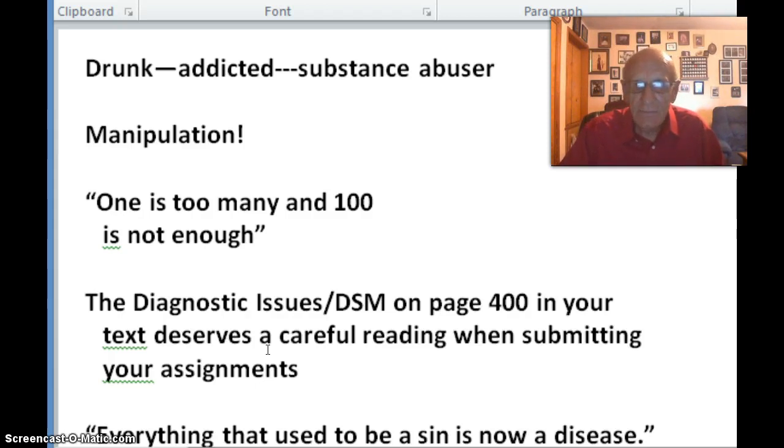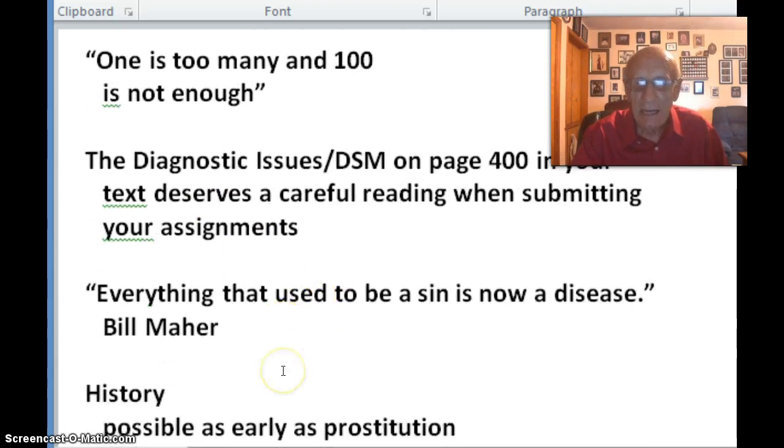And so it is kind of interesting what we have on page 400 in your text concerning the DSM. I certainly suggest that you read it. I don't advise, I suggest that you read it.